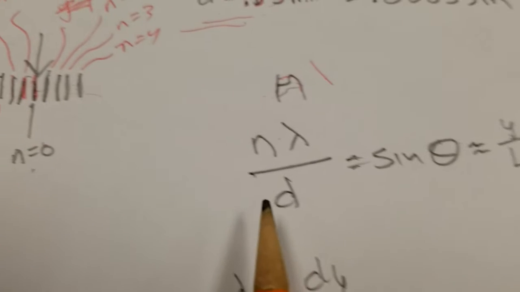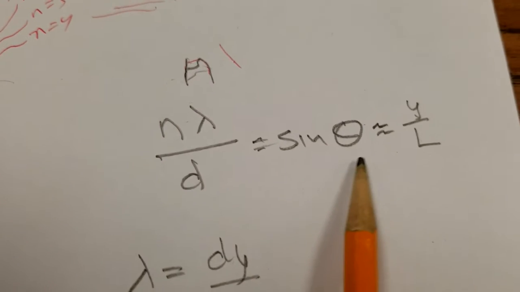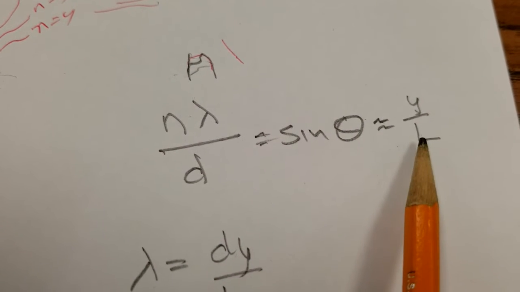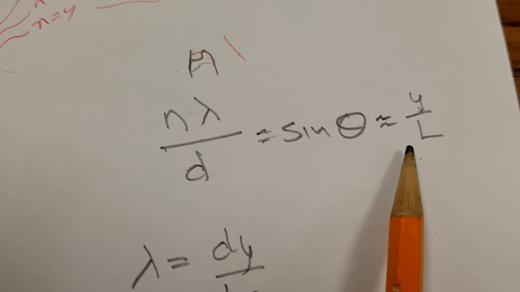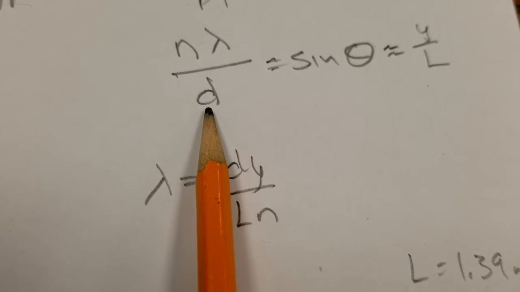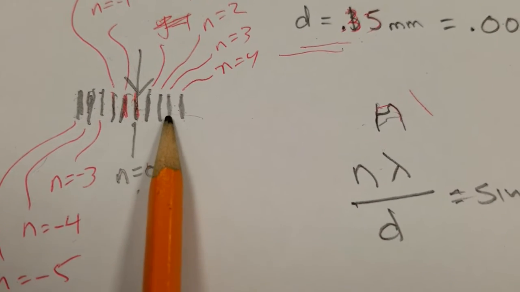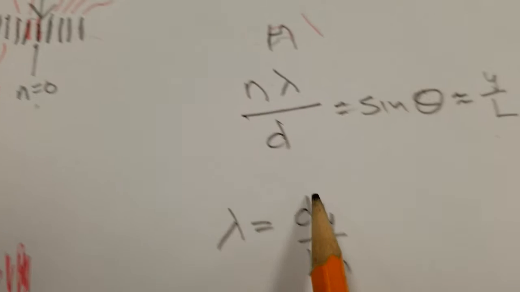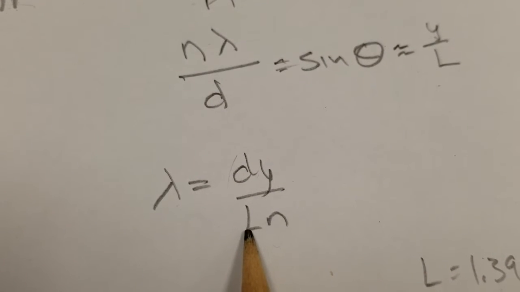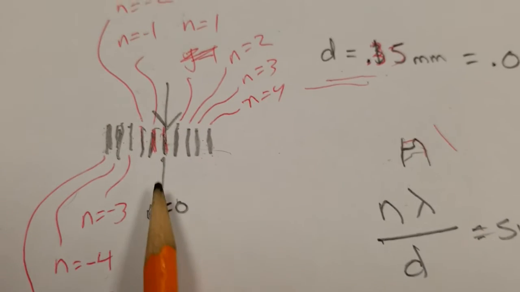This was the generalized formula, but I'm claiming we can get away with this version right here, the second one I did on the board in the other video. If we solve for the wavelength, we get wavelength equals d times y, which is the distance from here to whichever spot I'm talking about, divided by L, the distance from the board to the Cornell plate, and divided by which value of n we used.